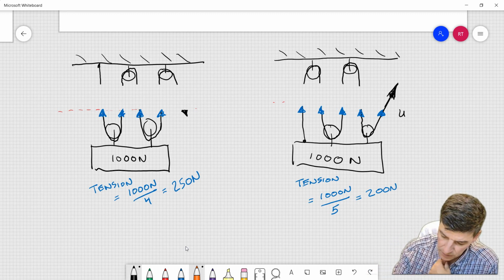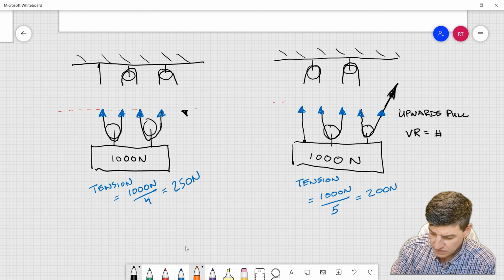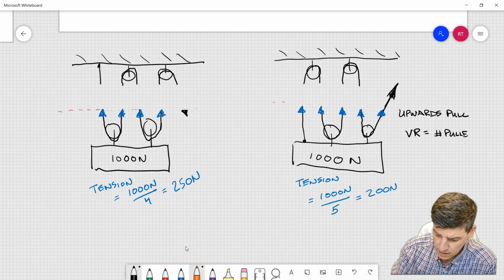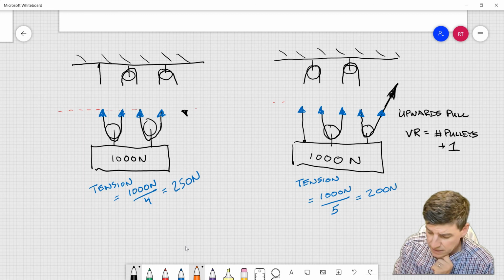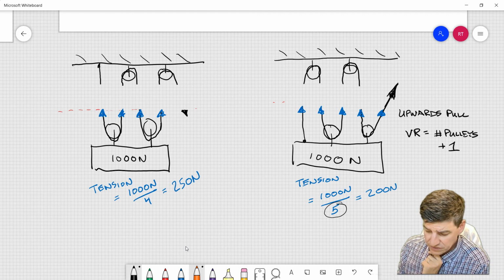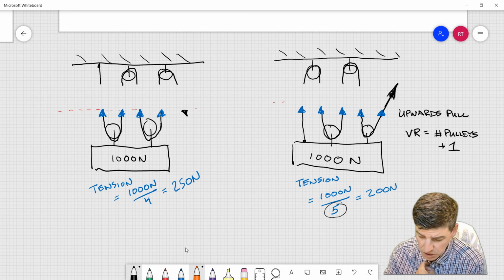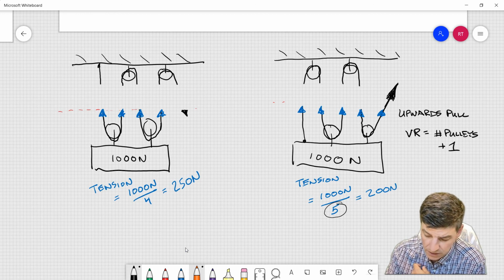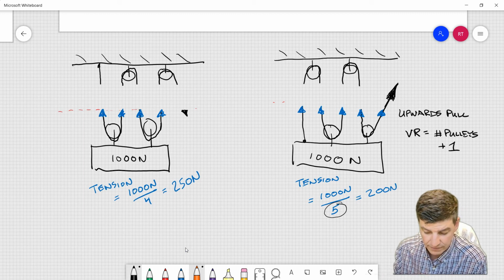And when I have an upwards pull, my VR is equal to the number of pulleys plus 1. So in this case that I provided you, we had a factor of 5, which indicated how much VR we had. And we had 4 pulleys plus 1, which got us to our 5.